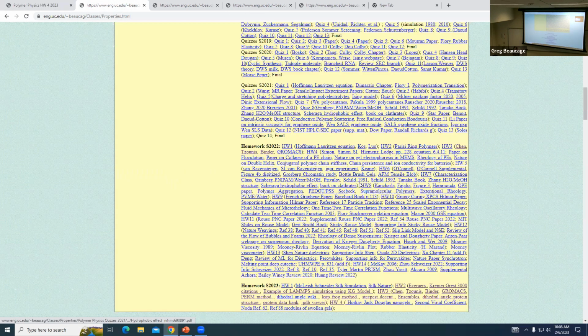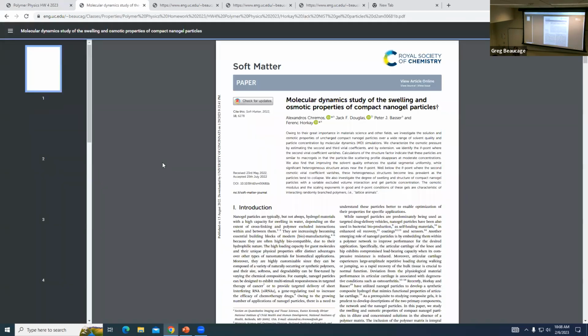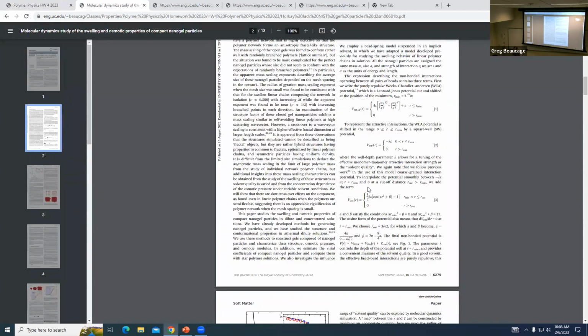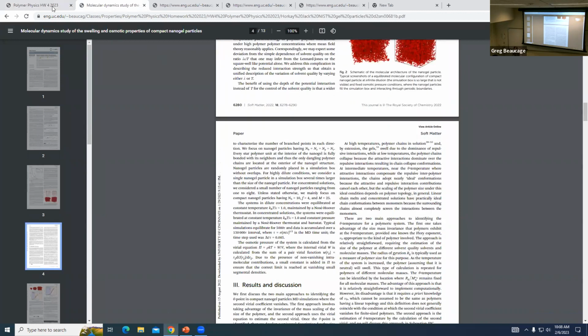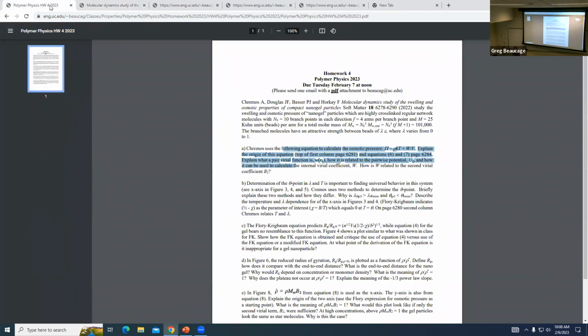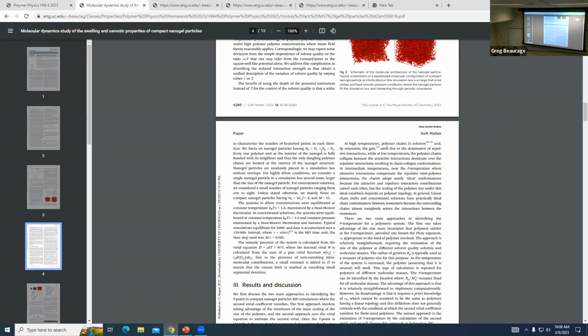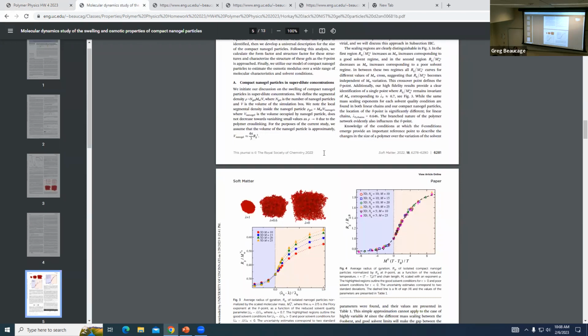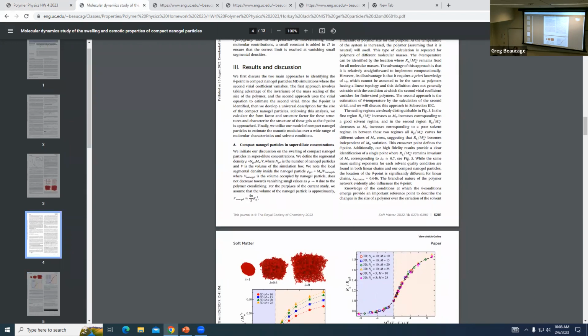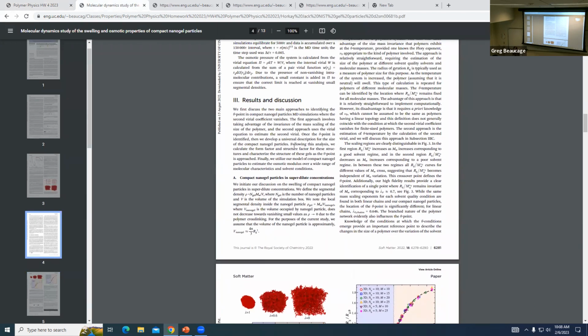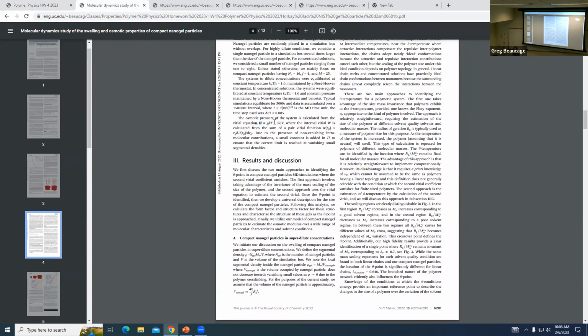So he's got, I think, what page it's on. It's somewhere. It says on the question, right? 6281. Right here. Isn't it right here?